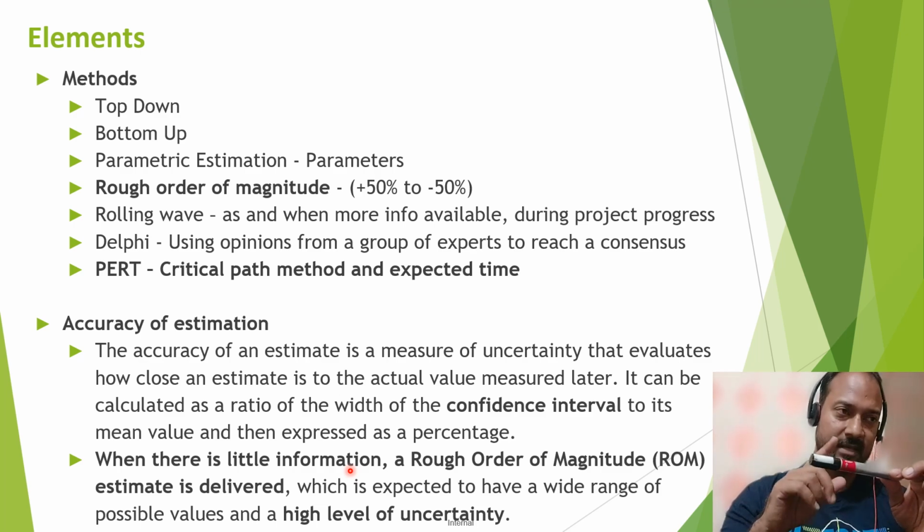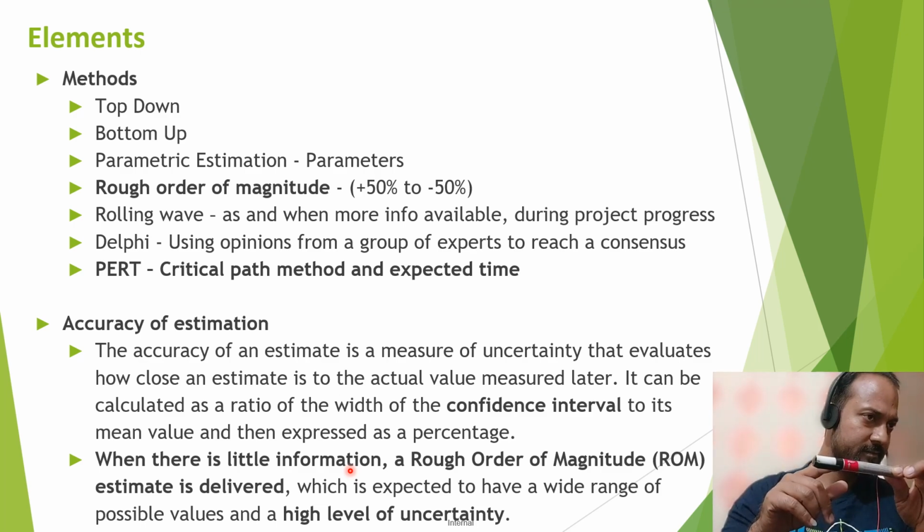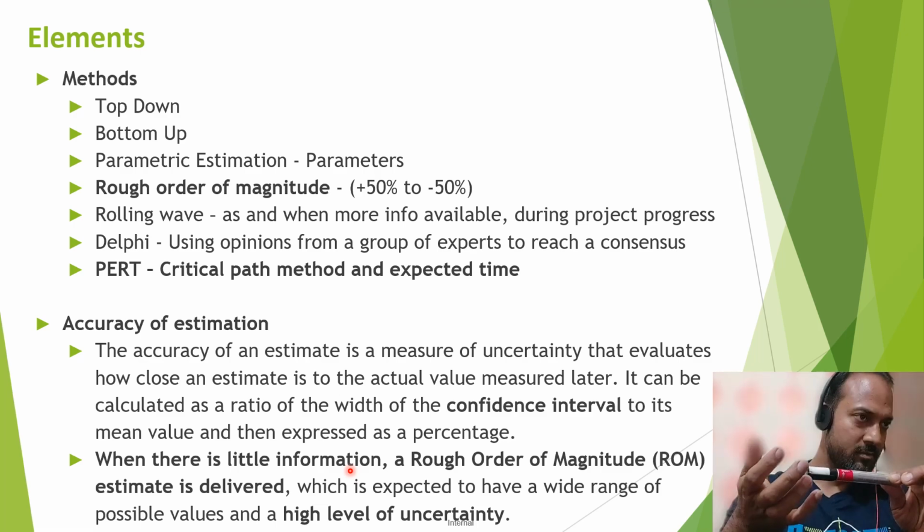The correct price is $10, but you would say that it could be between 15 or 5, right? So that's almost 50%. You said 50% rough order of magnitude. This means the uncertainty is very high, the confidence is very low, right?